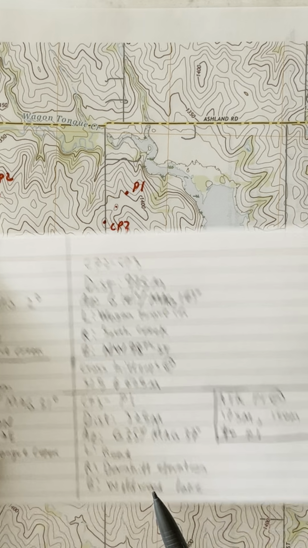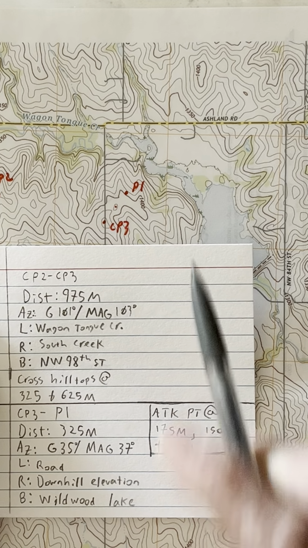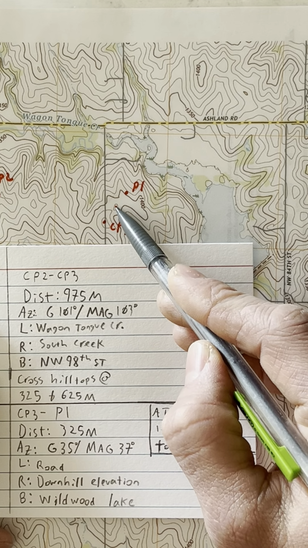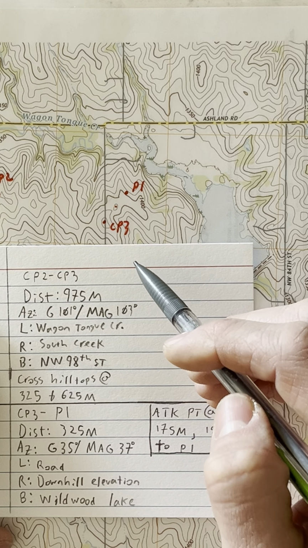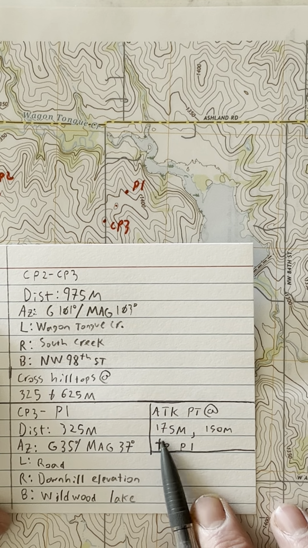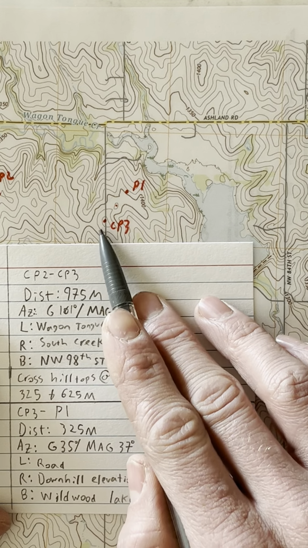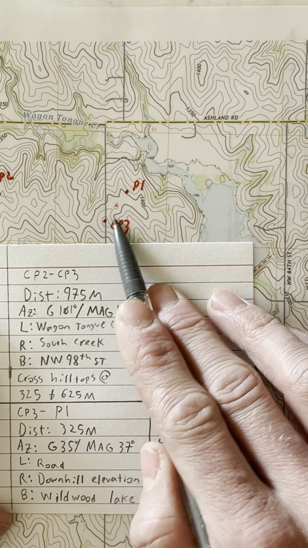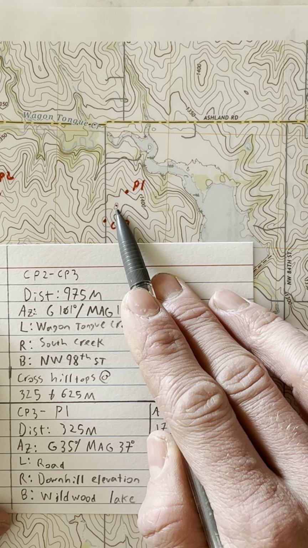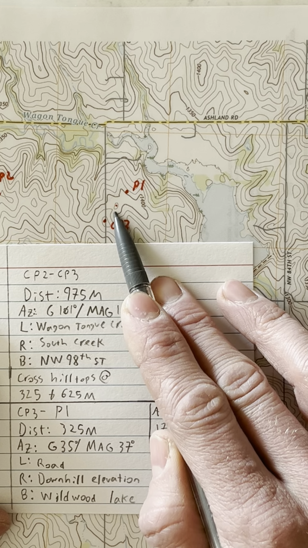The next important thing is going to be my attack point, right? My attack point is located in the middle of this hilltop right here. It's at 175 meters from checkpoint 3, so I know once I have moved 175 meters, I should hit a hilltop right here.